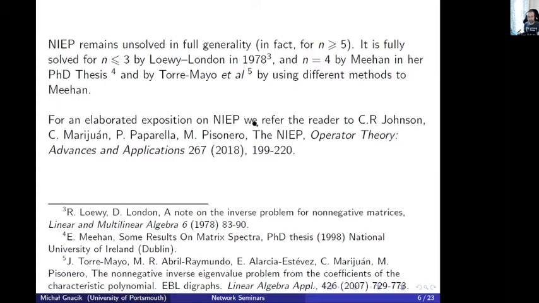The paper is called The Non-negative Inverse Eigenvalue Problem. You can read about the history of it, and I used a lot of facts directly from this paper, because I like to present something starting from the historical motivation.